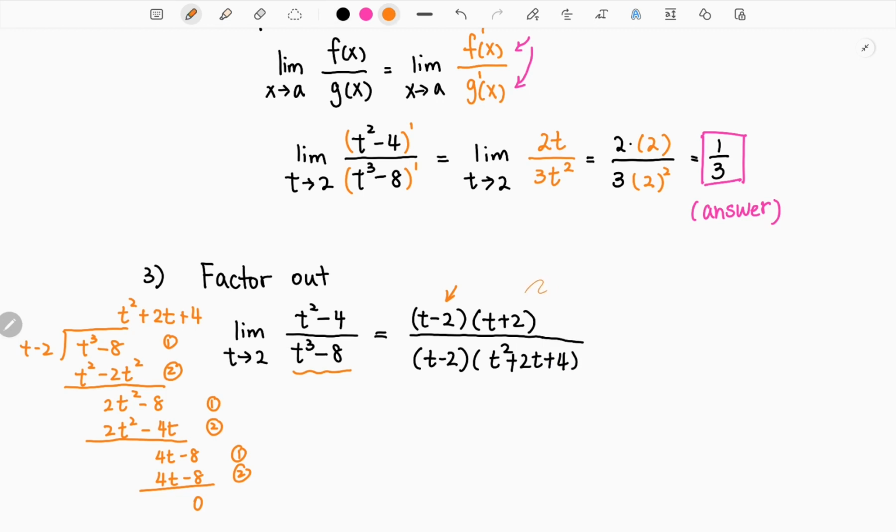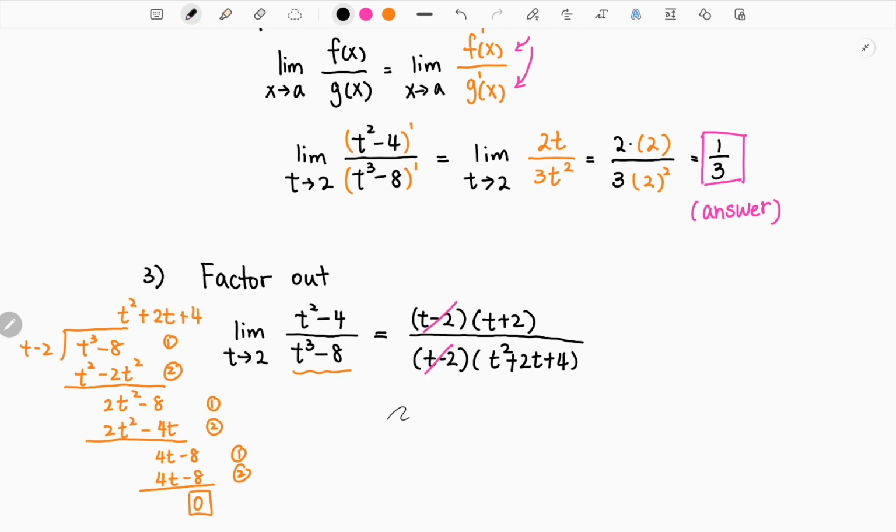Well, a good exercise could also be you can try the long division for t plus 2 as an exercise. And in fact, you wouldn't get down to 0, which means t plus 2 is not a factor of t to the third minus 8. Okay, in this case, we can cancel out t minus 2.